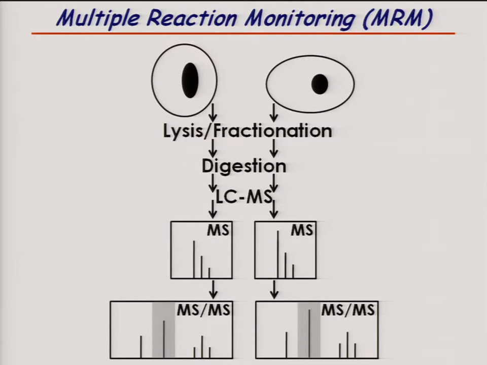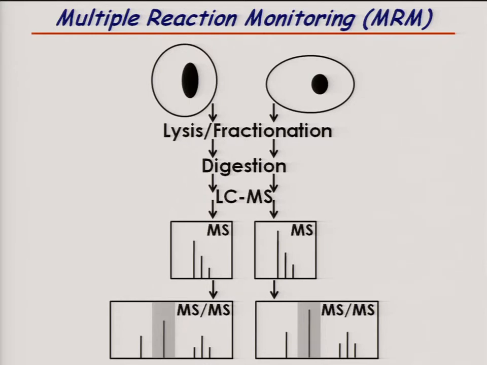So in MRM analysis, what we do is analyze samples separately and then select parent ions and look at specific fragment ions. And it's the intensity of these fragment ions that is used to quantify.